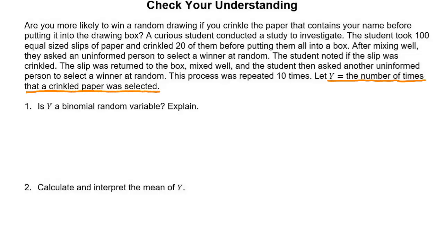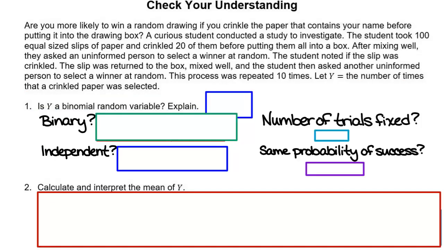Is y, the number of times a crinkled paper was selected, binomial? What are the 4 things we need to check again? Binary, independent, fixed number of trials, same probability of success each time. Is this binary? Yes. What is success in this case?